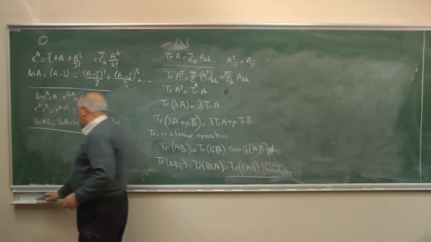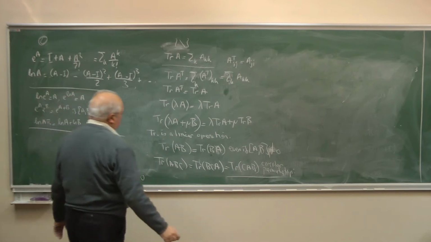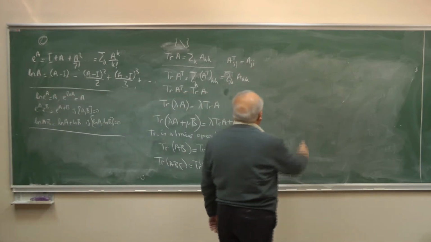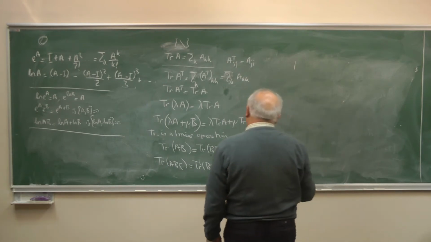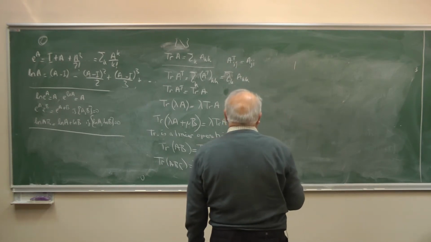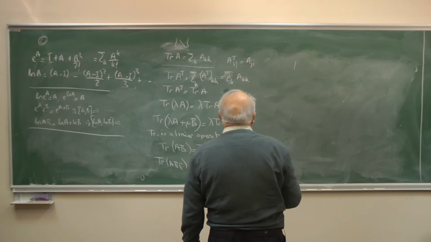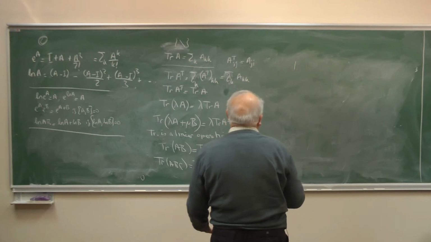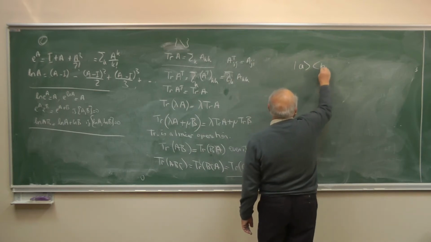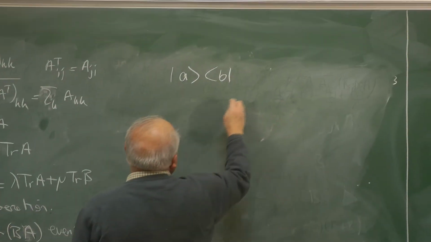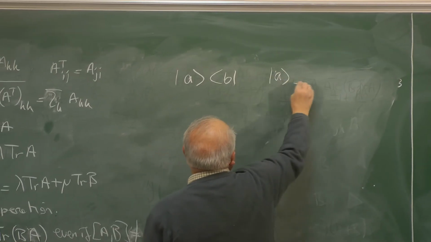In physics, especially in quantum physics, but also when we do linear algebra in unitary space, that means we can define vectors like this, A, B, and A is a column vector like that.